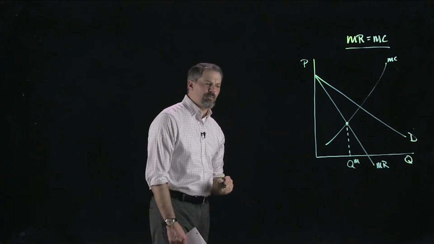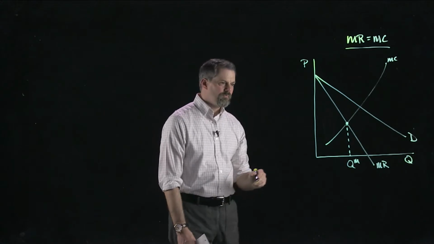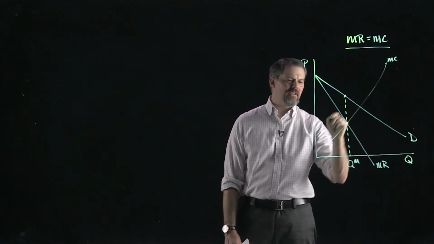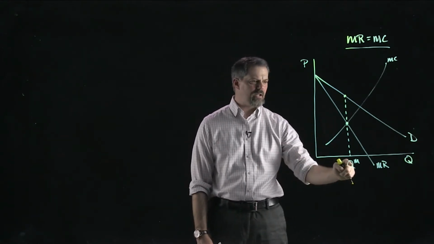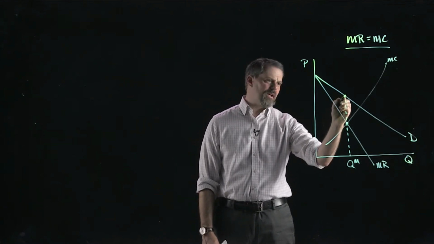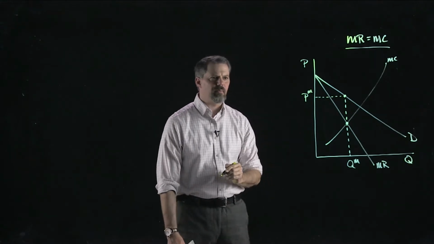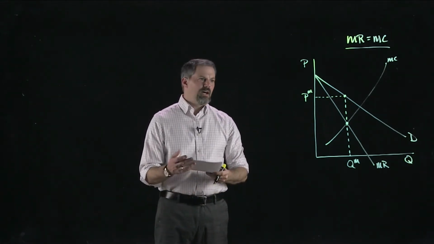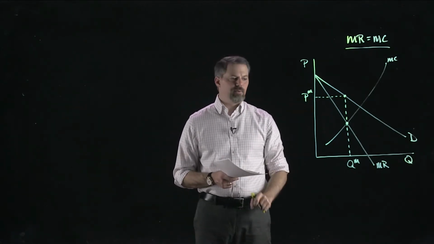That's the profit maximizing quantity for the monopoly to produce. And then they're going to get their price from the demand curve. They want to charge the highest price that consumers are willing to pay for that quantity. And remember, the height of the demand curve represents the willingness to pay at the margin. And so there's the price. I'll call it PM for the monopoly price. So we know that that's what the picture looks like for a monopoly.